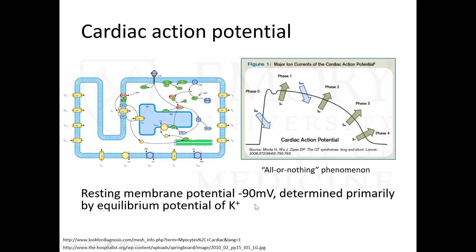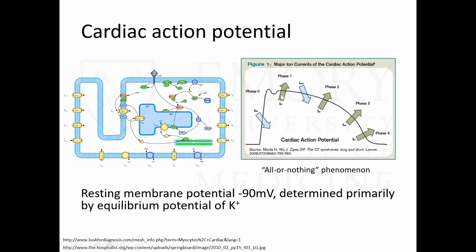When a wavefront of depolarization comes along and depolarizes this cell, initially the sodium channels open, which allows a massive influx of sodium into this cell. And that's phase 0. That's opening of sodium channels, which leads to depolarization and makes the membrane potential positive. We'll talk a little bit about ITO, which is one of the repolarizing currents.